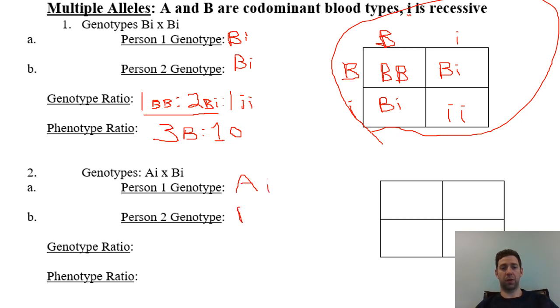Okay, next one, AI and BI. Again, if you did the Zoom, you can fast forward this because you already have the answer.